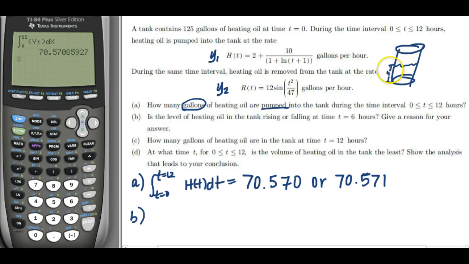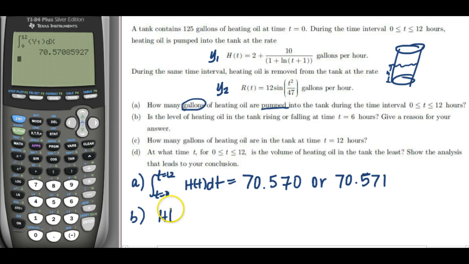But if more oil is going out right at 6 hours than is coming in, then the level of oil would be falling. So we're comparing rates here, the rate at which oil is coming in and the rate at which oil is coming out. Which one's sort of winning the race? So here we're comparing h of 6 and r of 6.